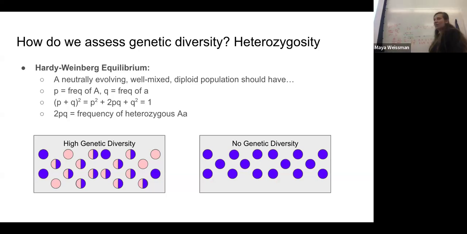Someone do it on your calculator really quick: it should be 0.375, right? Yeah. So the idea is that a heterozygosity of 0 means no diversity, and a heterozygosity of 0.5 means very high diversity. We'll return to this concept in a couple of slides. This is just a way of saying, are there more than one version of this allele present in the population, and are they at similar frequencies?